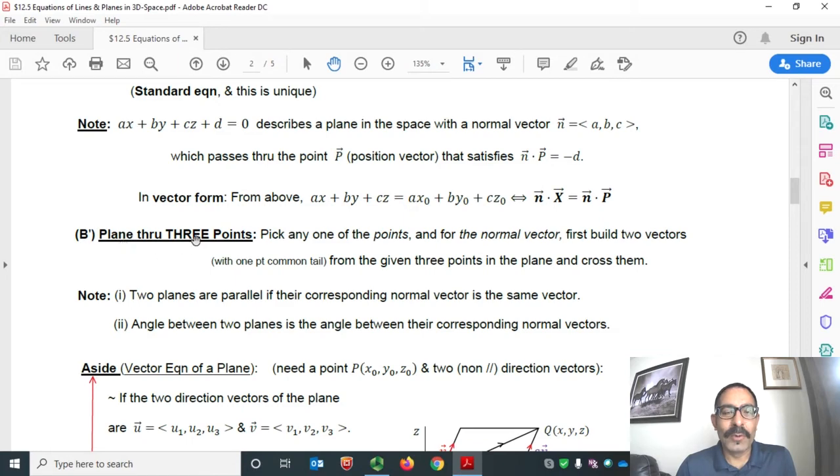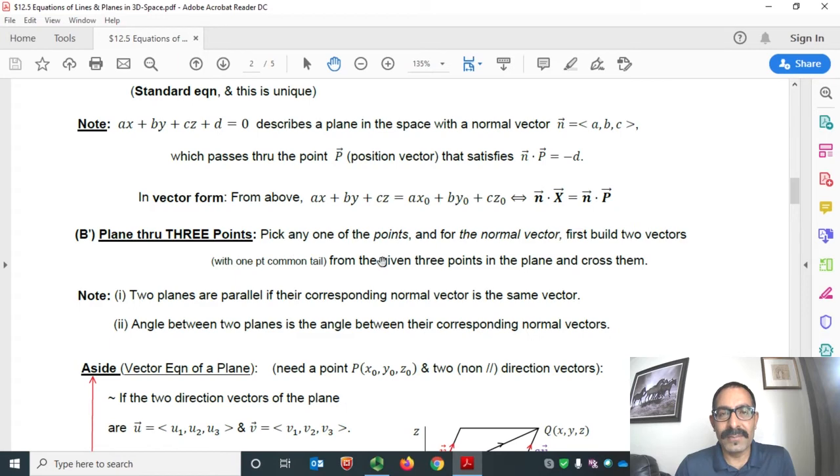Plane through 3 points. Here is the idea. To find the equation of a plane we need two pieces of information: a point and a vector perpendicular to the plane. Three points determine two vectors, where one point is the common vertex.